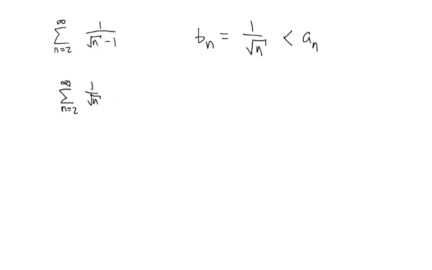And now we're going to look at the series of 1 over the square root of n. And 1 over the square root of n is our p series. And we could say that the square root of n is also n to the 1/2, so p is less than or equal to 1. So this series is divergent by p series.